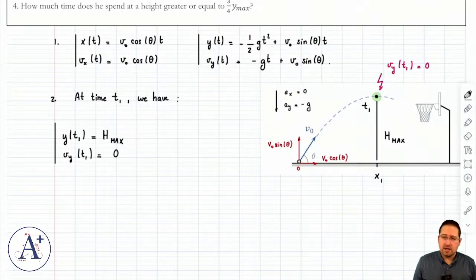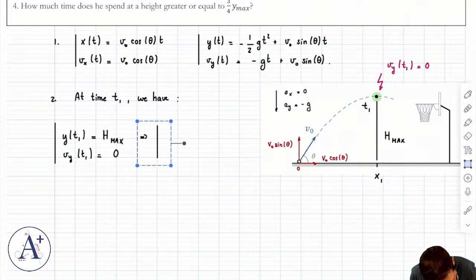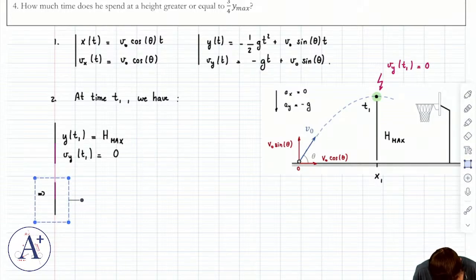Okay, and we just then have to trust that from there we're going to get enough information to compute h max. Okay, so what does this look like? Well, y of t1 is equal to h max. I'll put it down here, we don't have enough room.